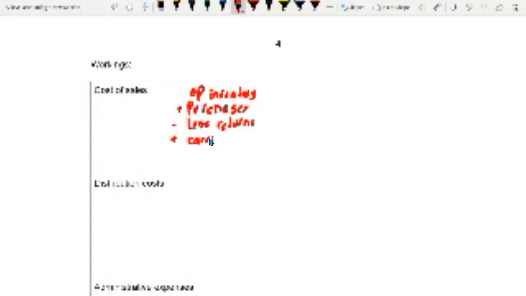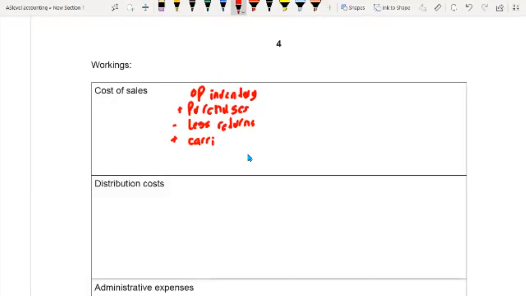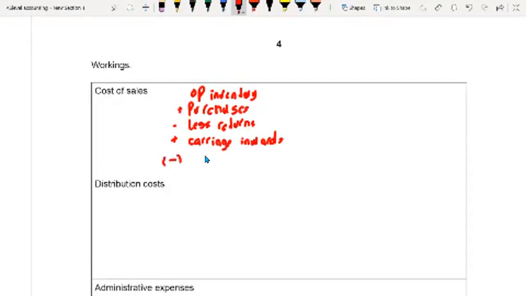Remember one thing, carriage inwards is part of the cost of sales, because it is the transportation cost which we have to incur whenever we purchase inventory from our suppliers. Distribution cost is only about selling things. Most of our students mix up carriage inwards with distribution cost. This is not part of distribution cost. So carriage inwards, and after that less closing inventory.